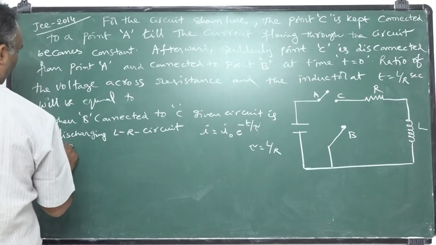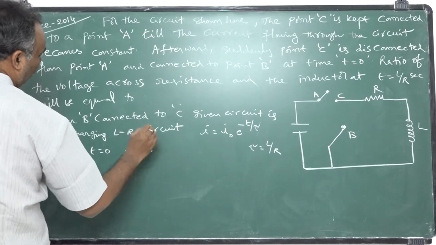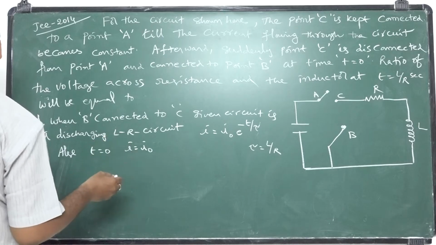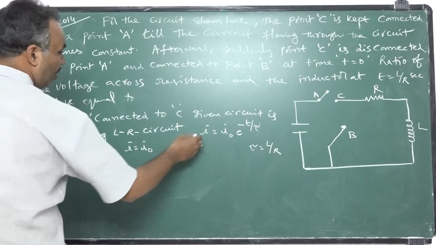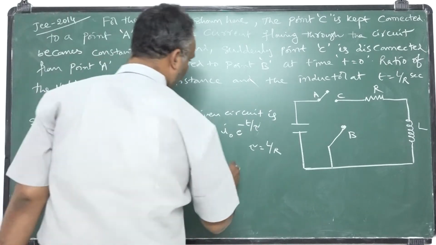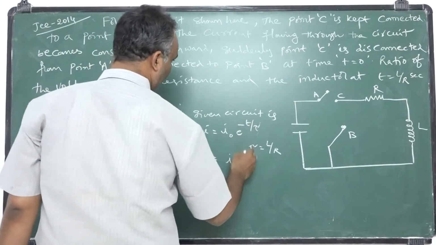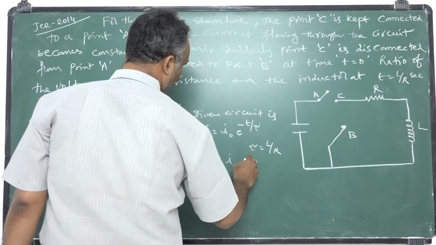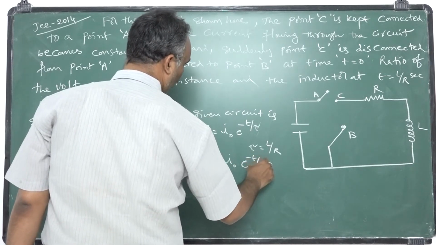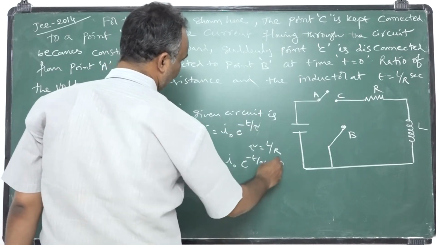Also, at time t is equal to 0, the current in the circuit is the maximum current. As the time is increasing, the current is going to decrease its value. So, if I take the derivative on both sides, di by dt is equal to I naught, the maximum value of current which is fixed, times the derivative of e power minus t by tau, which is minus 1 by tau.